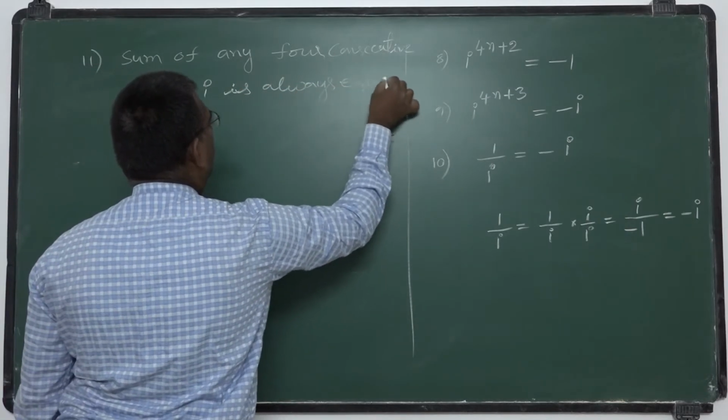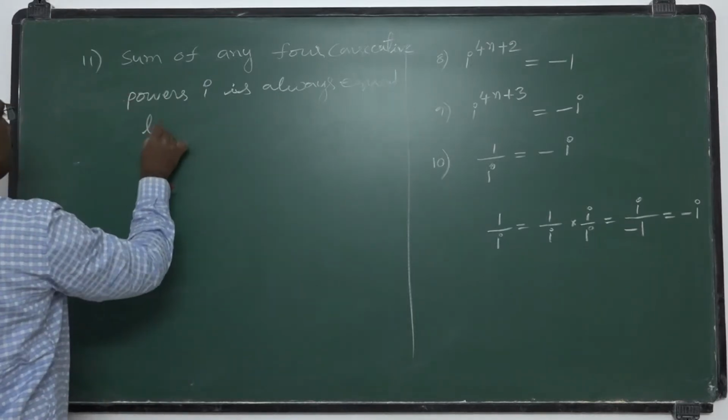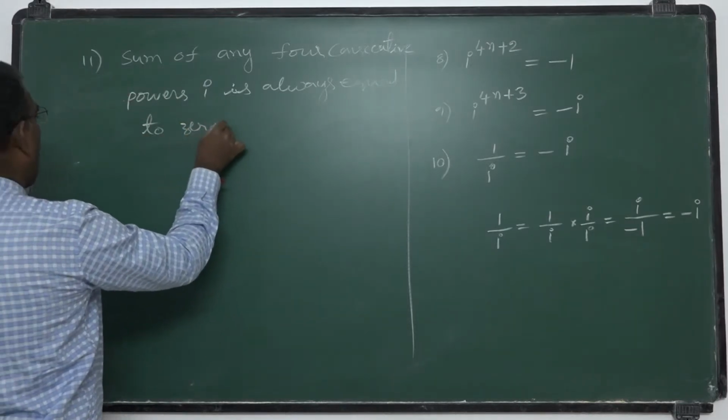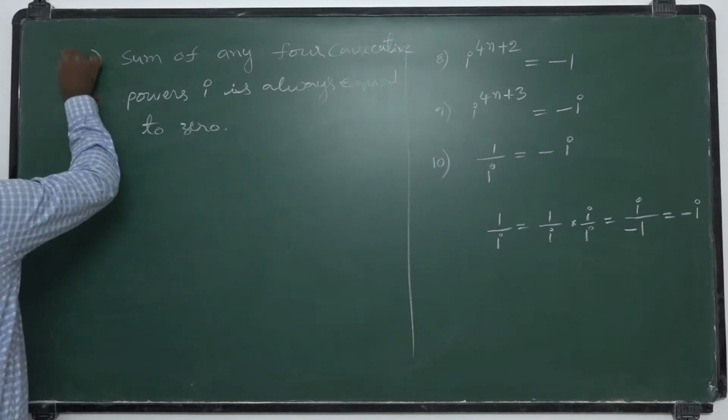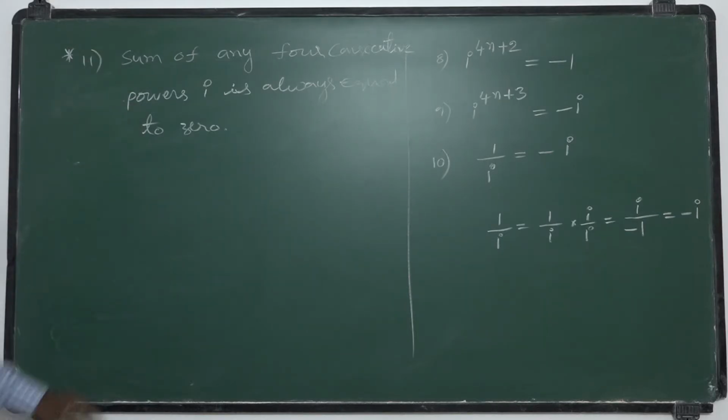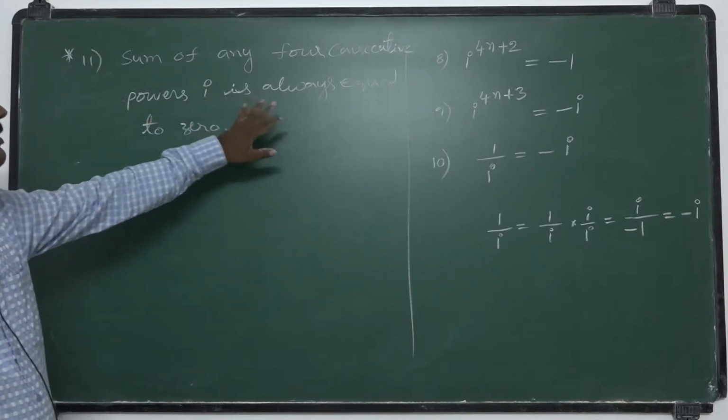This is a very important point. The sum of any four consecutive powers of i is always equal to 0.